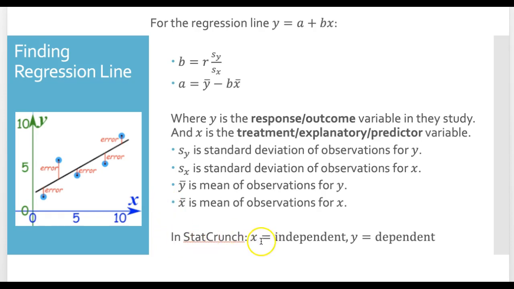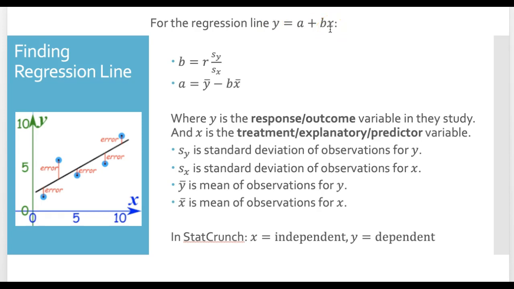In StatCrunch, x stands for independent and y stands for dependent. From this equation we see where that comes from: the value of y depends on the value of x. The predicted height of the daughter depends on the given height of the mom.